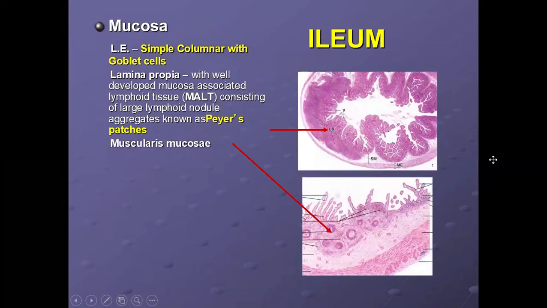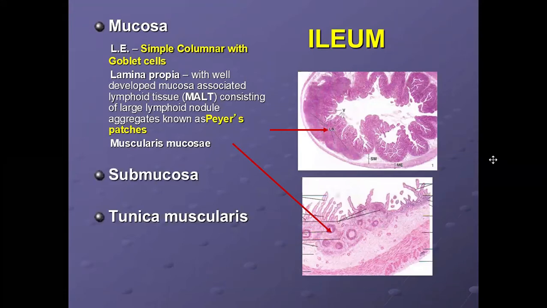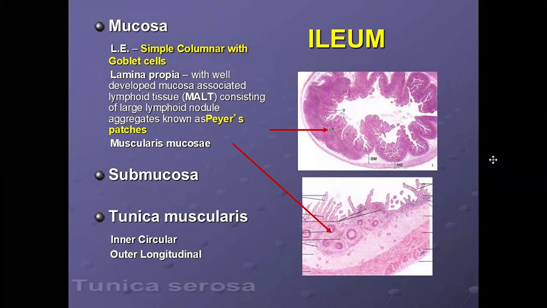Muscularis mucosa, and then you have submucosa. Again, there are no glands in the submucosa, only in the what? Brunner's gland in the duodenum. Tunica muscularis, the same. So it's easy.